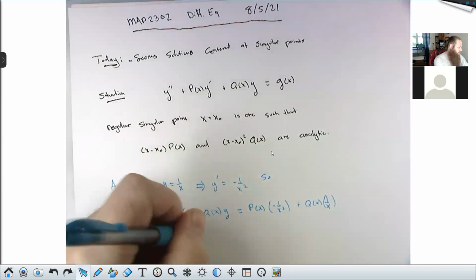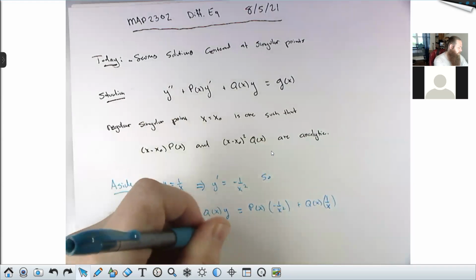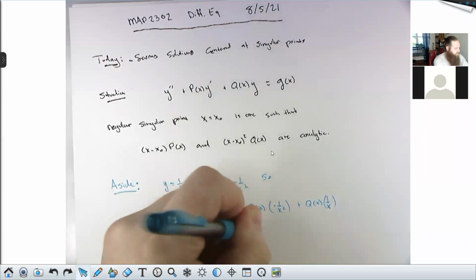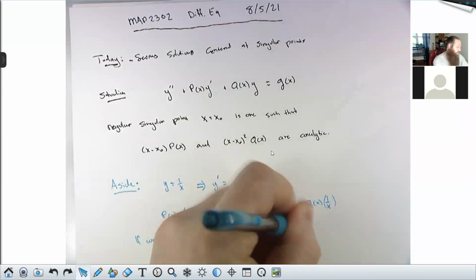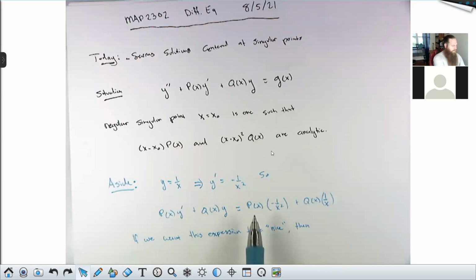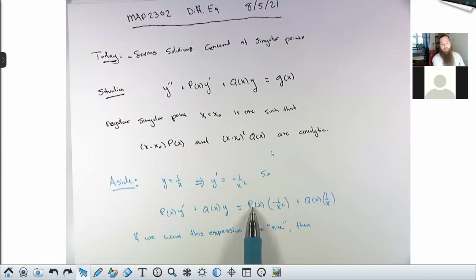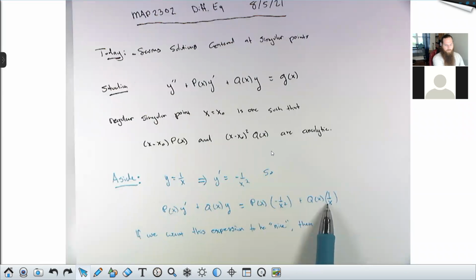We want this expression to be nice, then P of X needs to be at least one order less bad than Q. Right? If P and Q both have problems at 0, say P and Q have problems of the same order at 0, then this term is going to be one nastier than this term. Does that make sense?